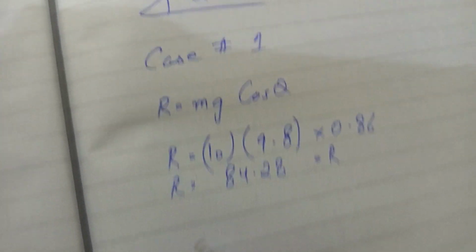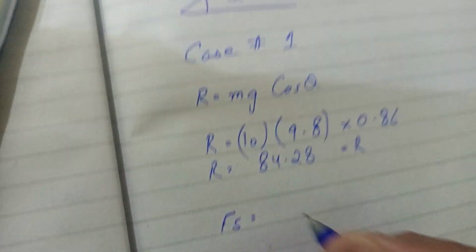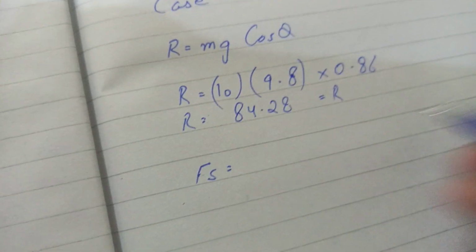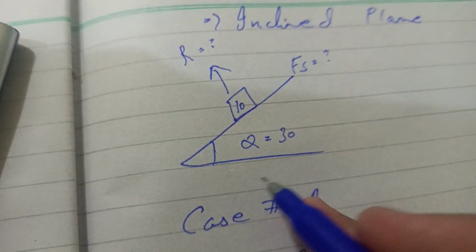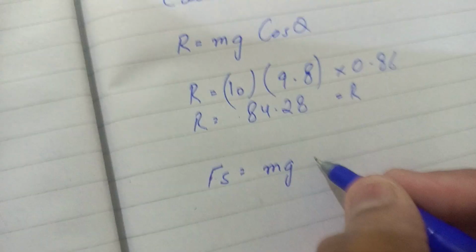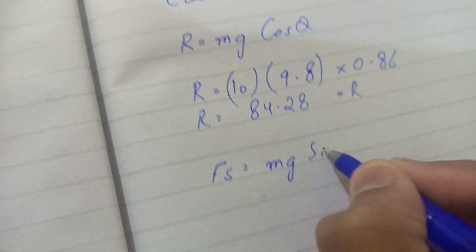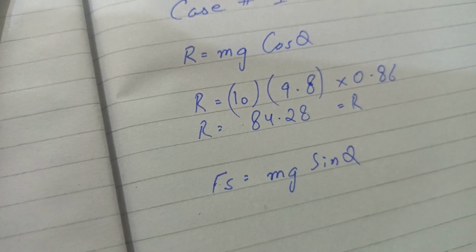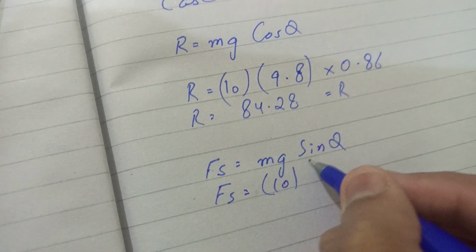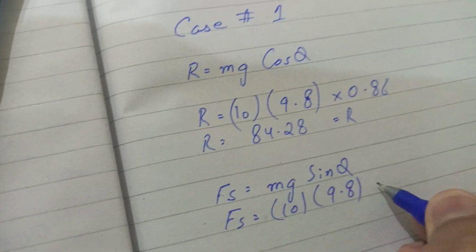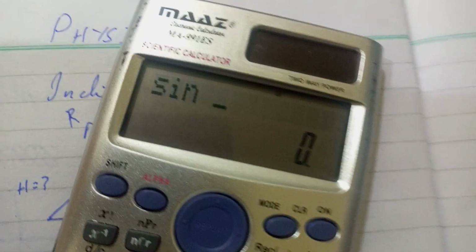And now we are going to find out the friction. What is the formula for the friction, which is very easy? It is mg, the same as the formula of normal reaction, but we'll put sine theta instead of cos theta. Fs is equal to m, 10, the value of gravity is 9.8, and sine theta will be 0.5.